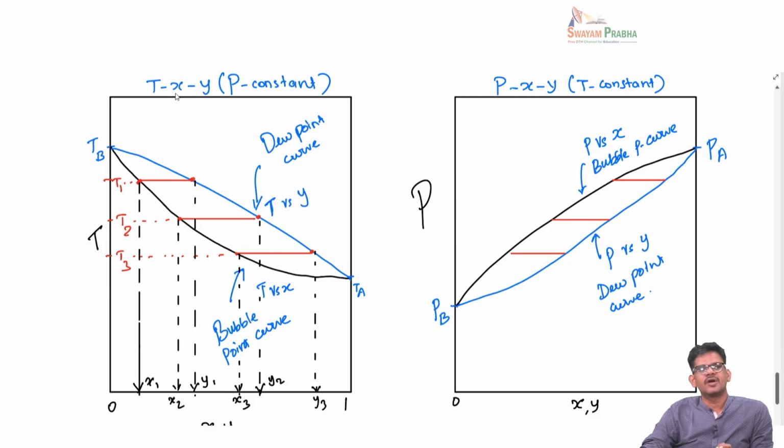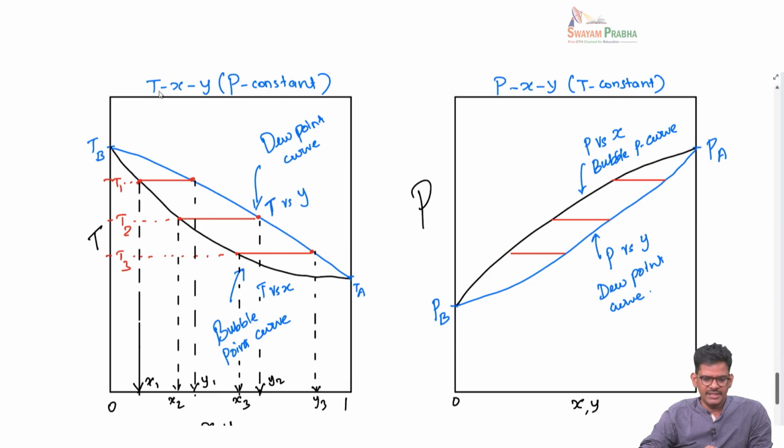I am showing only the mole fraction of A, because B can be easily obtained by 1 minus X and 1 minus Y. Having known X and Y, 1 minus X, 1 minus Y would correspond to the mole fraction of component B. So that is basically redundant, and we don't have to really show that in this plot.